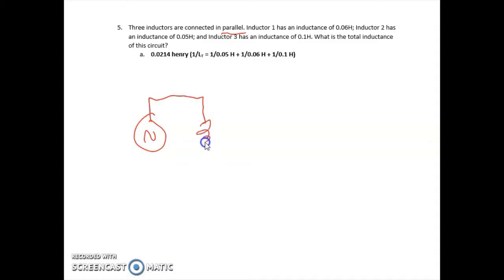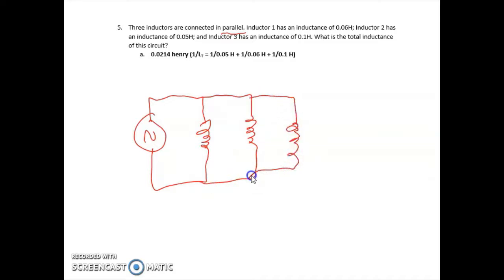We have 3 inductors in parallel. Sorry for the bad drawing. This is L1, this is L2, this is L3, and we have the values of those inductors up here.